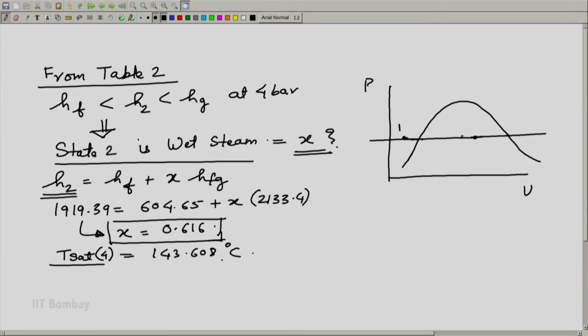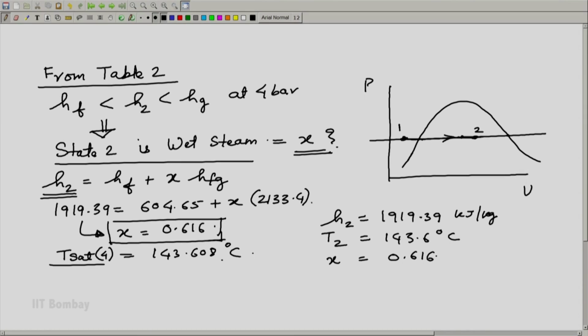So this is a constant pressure process from 1 to 2, for which at state 2 we have H2 equal to 1919.39 kilojoule per kg, T2 equal to 143.6 degree centigrade, and x equal to 0.616, and this will be the answer of this question.